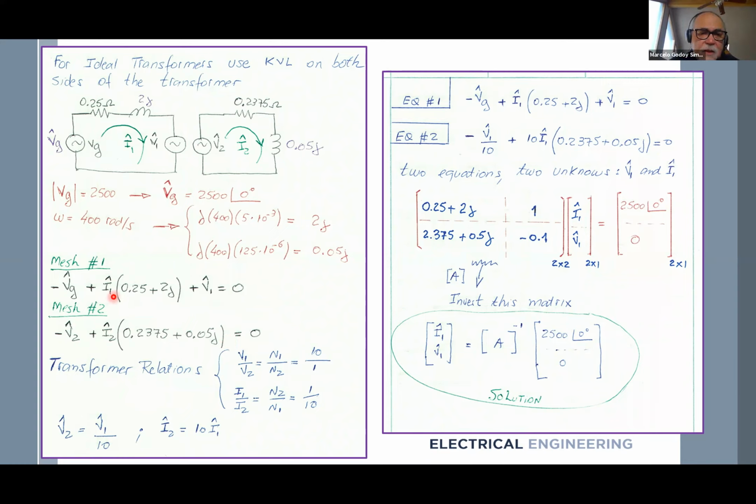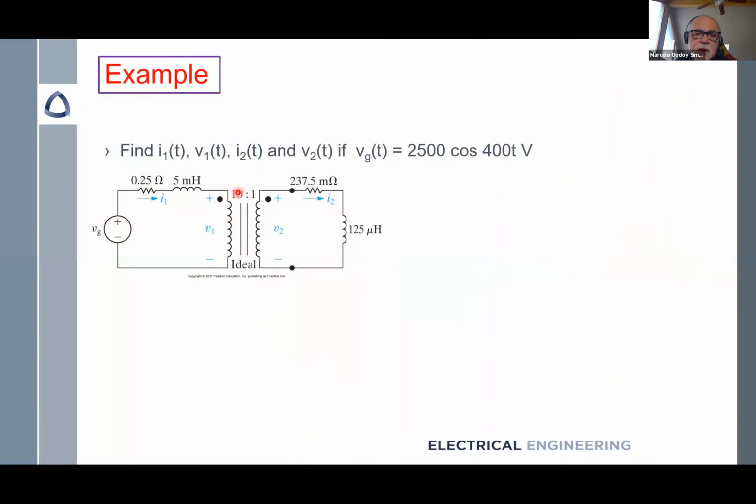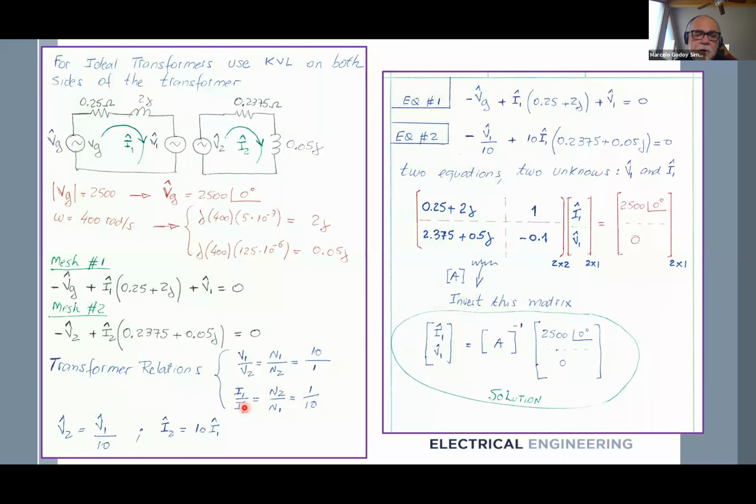However, I also have to consider the transformer relationships. So these are the transformer relationships. V1 divided by V2 is equal to N1 divided by N2, which is 10. Okay, here we have 10 to 1. And I1 divided by I2 is 1 divided by 10.